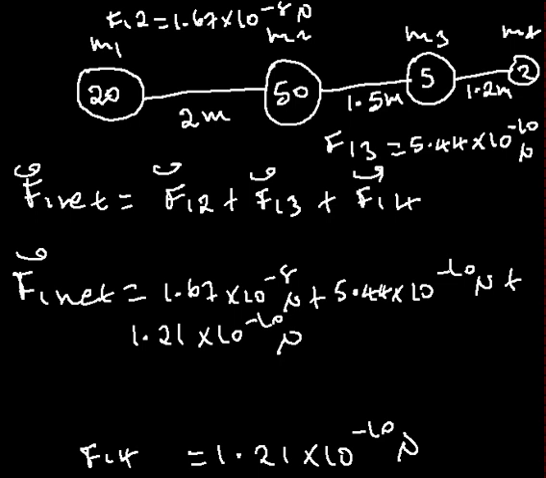From there we now have 1.67 times 10 to the power negative 8 plus 5.44 times 10 to the power negative 10, and also 1.21 times 10 to the power negative 10 as well.